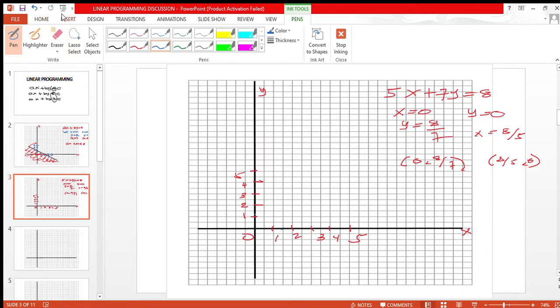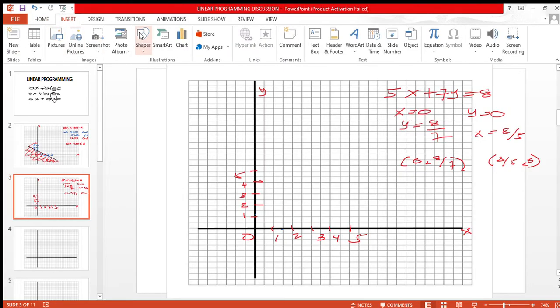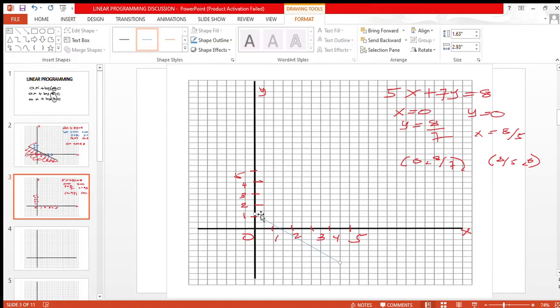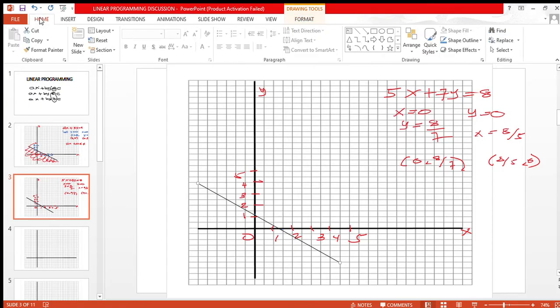And then joining now the 2 points together, we have this point here and the other point is there. Let me extend this and let's just change the color. We now have the graph of the line 5x plus 7y is equal to 8.